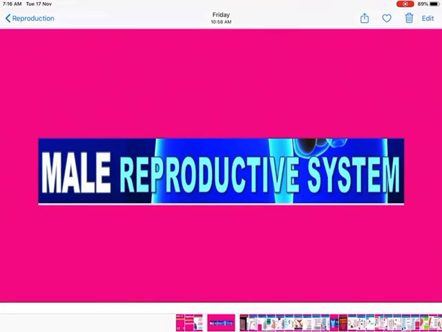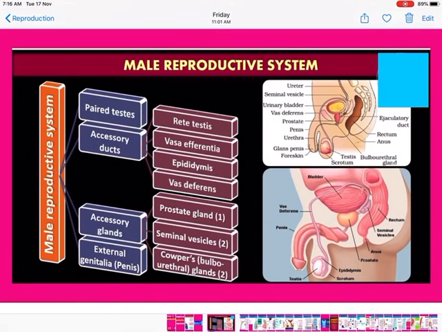What are the different parts of male reproductive system? These are first paired testes, second accessory ducts, third accessory glands, fourth external genitalia. What are the different accessory ducts present in male reproductive system?